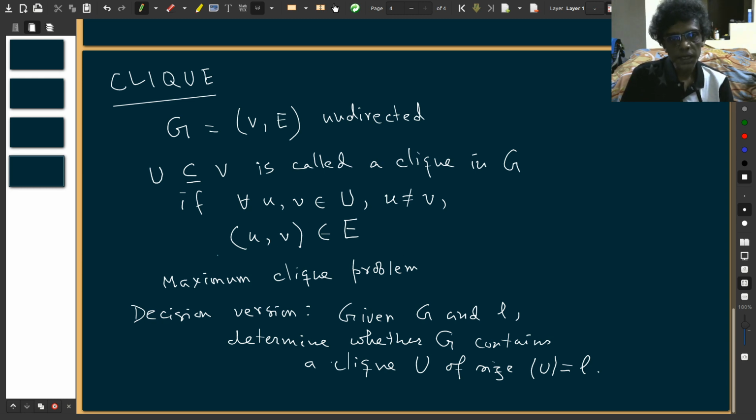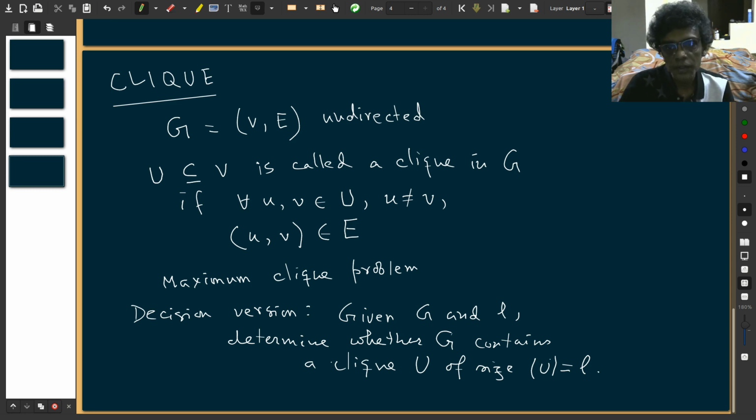So once again, it is clearly in NP, because if such a clique exists, just produce that U, and then we can verify in polynomial time whether that U is a clique. On the other hand, if G does not contain any clique of size L, then you cannot have this certificate.